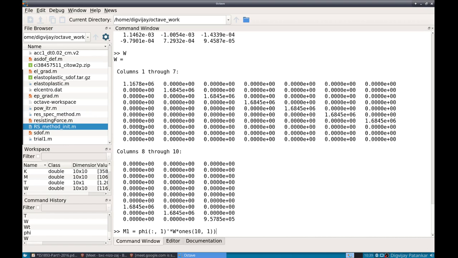This entire square, divided by phi transpose, that is the first one, into W into phi.